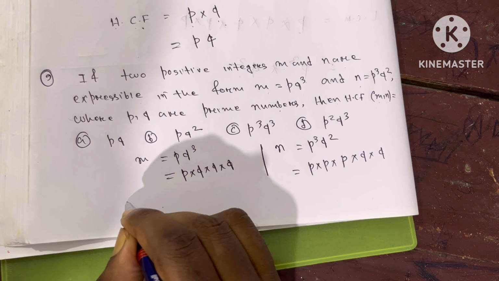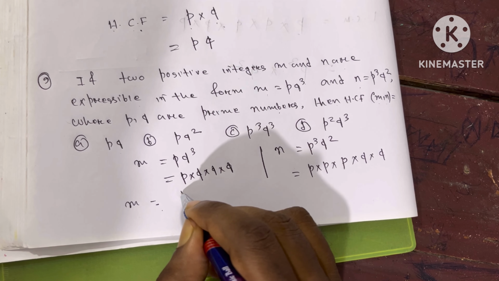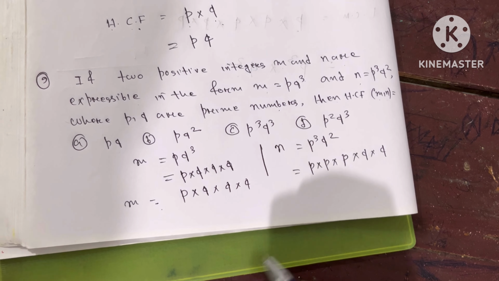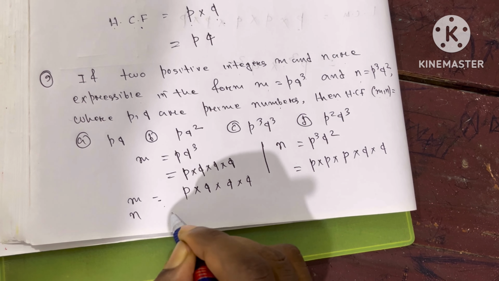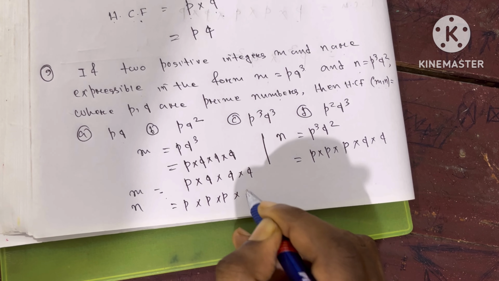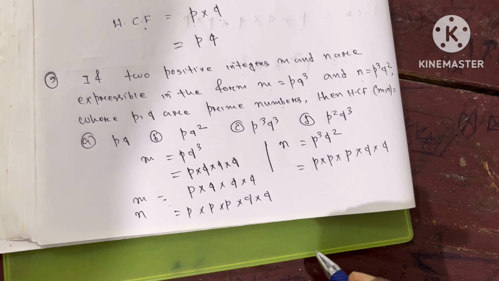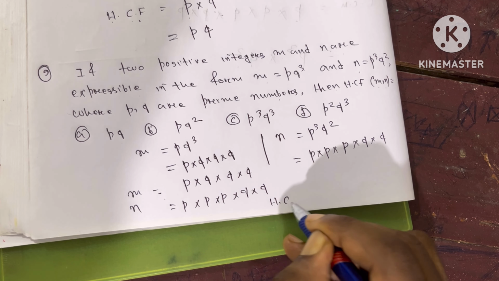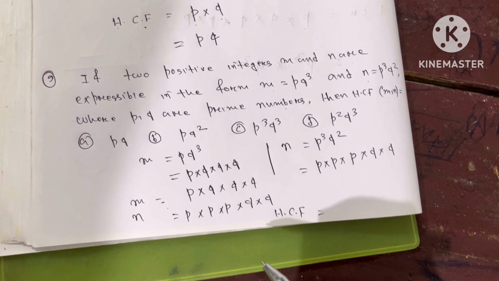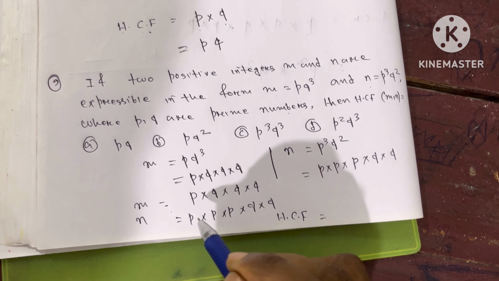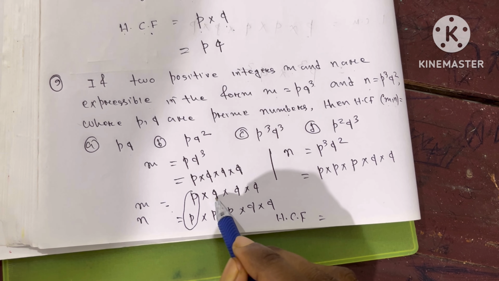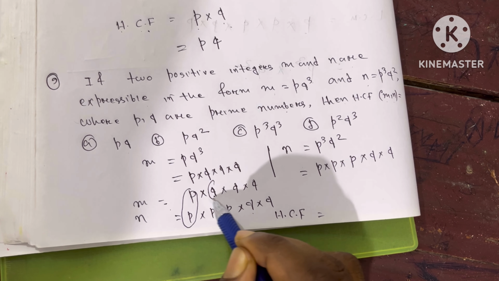Now you write the numbers. m is equal to p into q into q into q, and n is equal to p into p into p into q into q. Now you have to find the HCF. HCF means highest common factor, so you find the common factors between m and n, then multiply. So p is common. Here q, and here also one q is common.